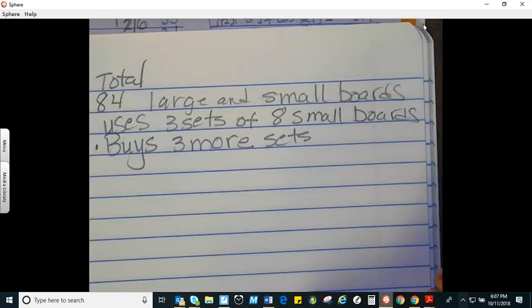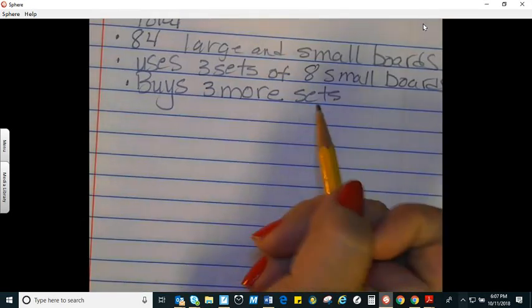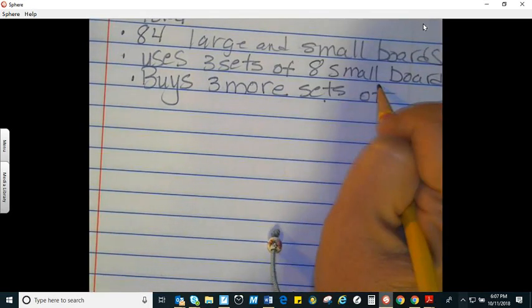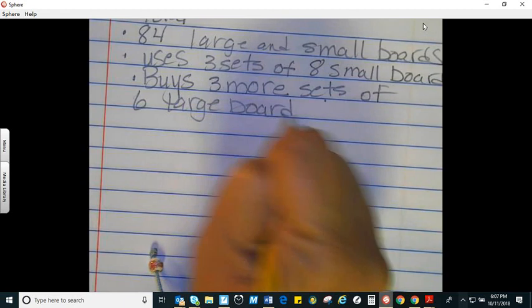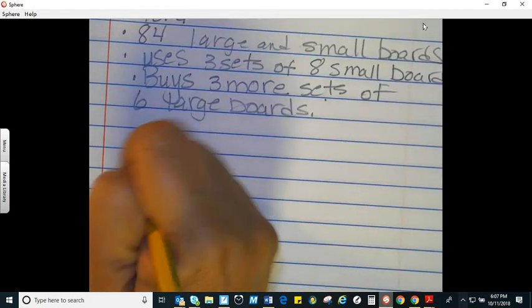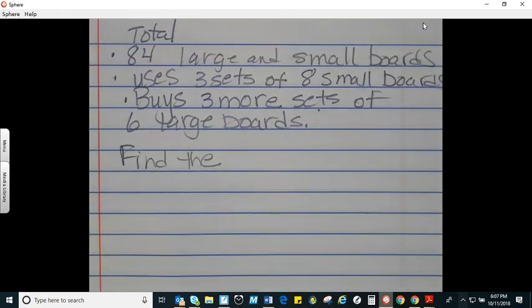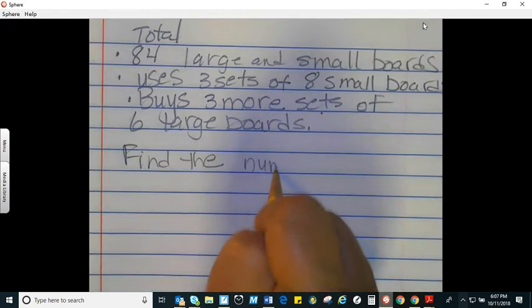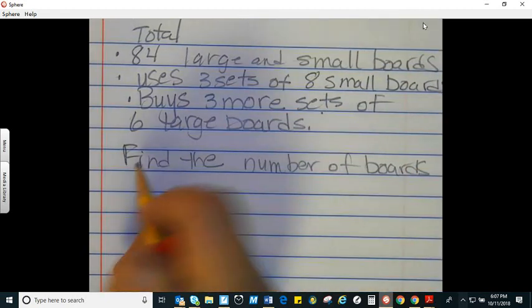I'm reading off on the other side. I have another sheet. So he buys 3 more sets of 6 large boards. We want to find the number. Can you see that? There we go. Sorry about that. I want to find the number of boards the carpenter has now.